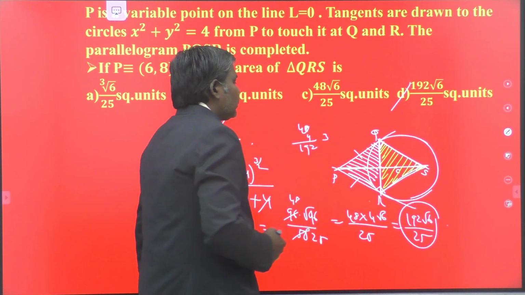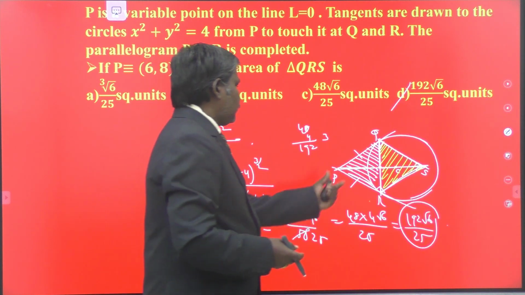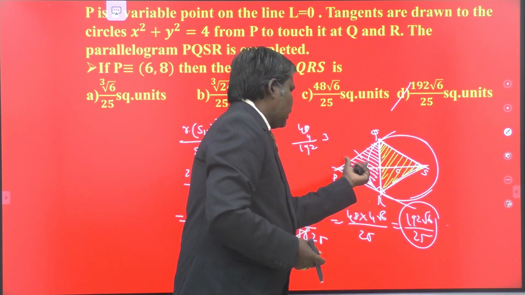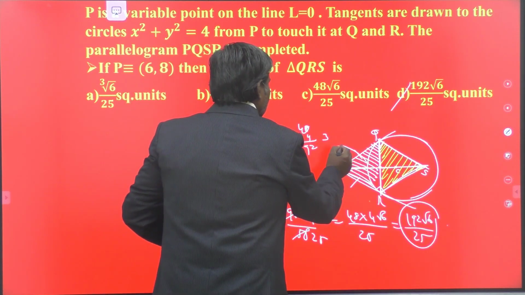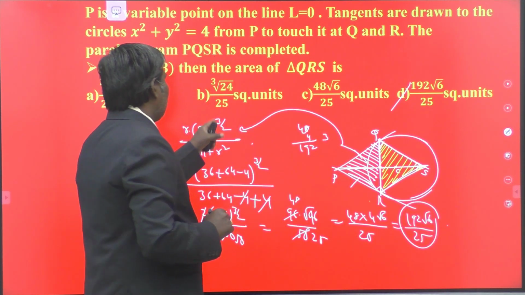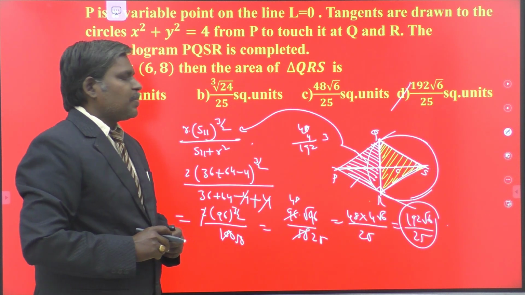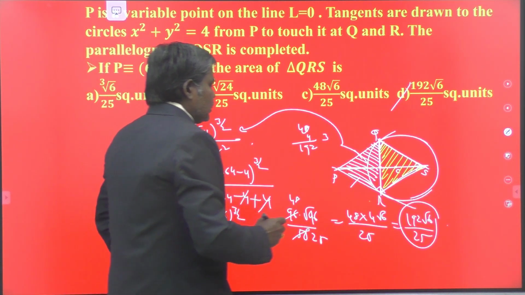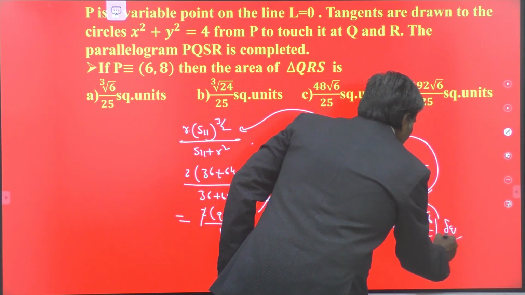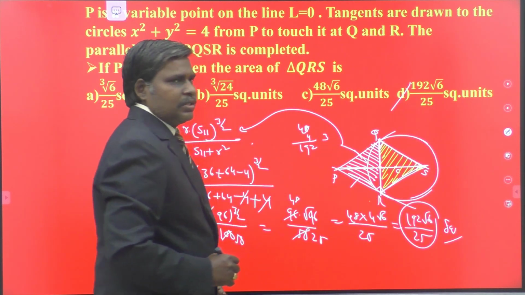Both the triangles are similar, therefore congruent also, and their areas are equal. All of you know this area is R into S11 whole power 3/2 by S11 plus R square. Understand? So the area is 192 root 6 by 25 square units.